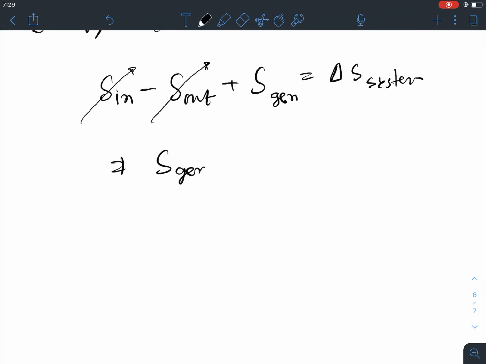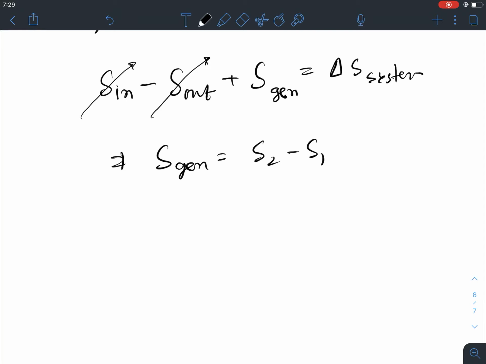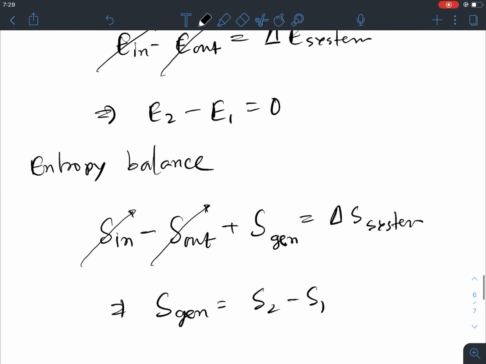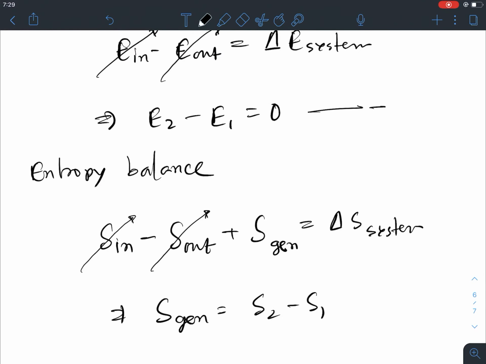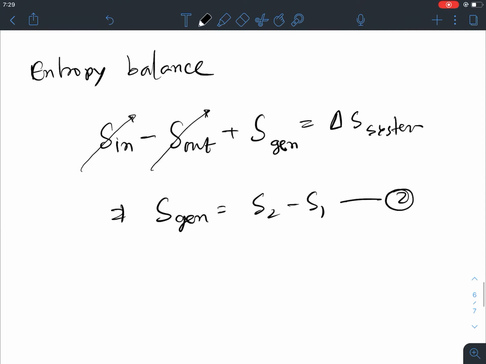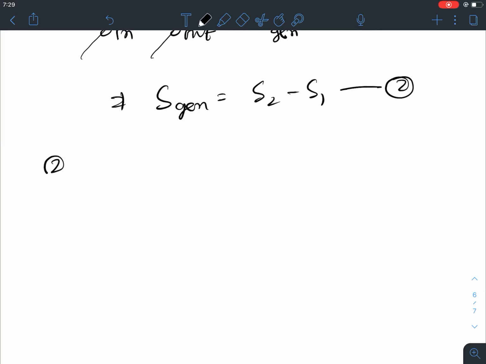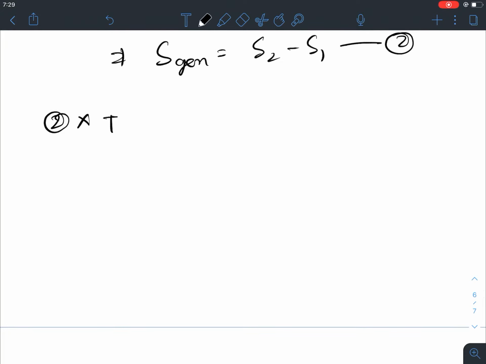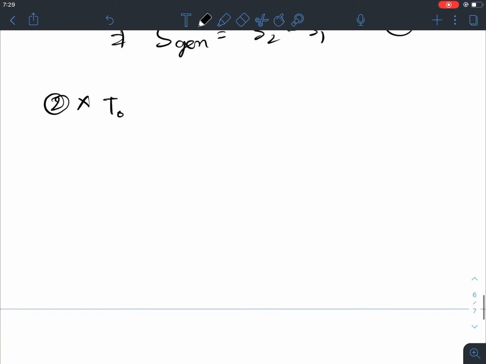So nothing is incoming, nothing is outgoing, only the generation, right? So that generation is S2 minus S1. Let me write this as number 1, and this is number 2.